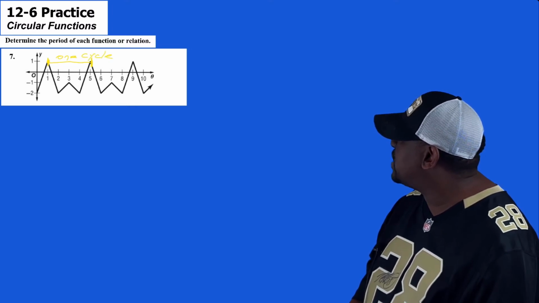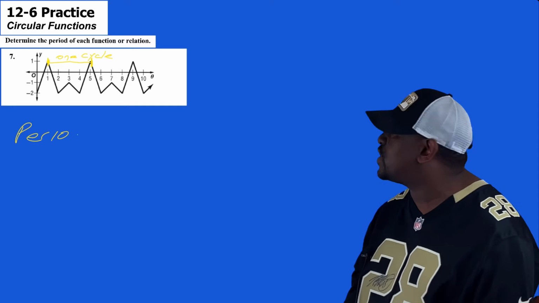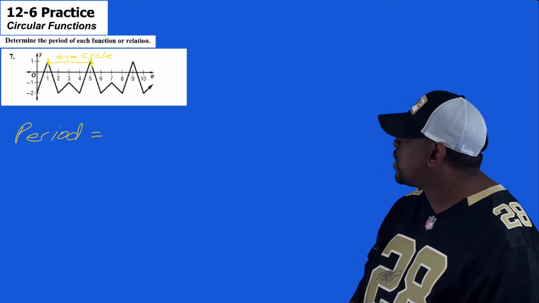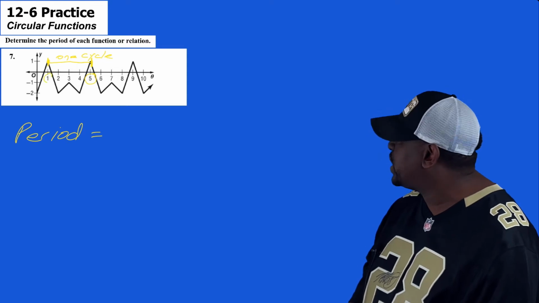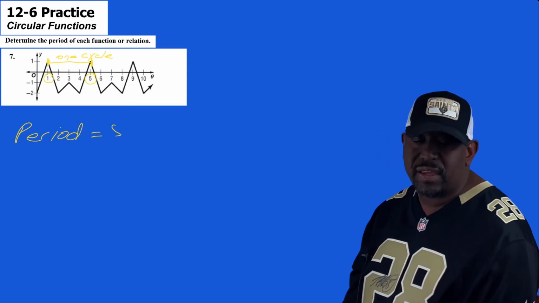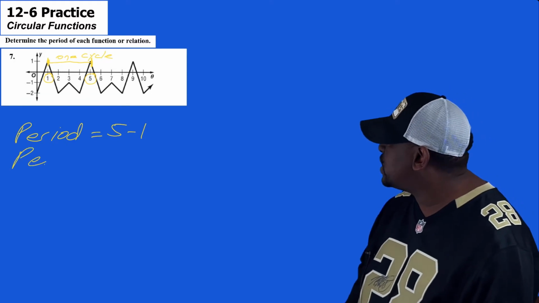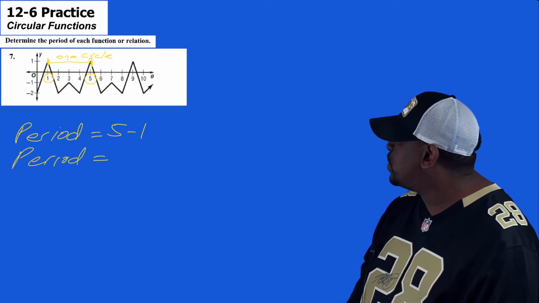One of them is at theta equals 1, and then it repeats again at 5. So one cycle is from 1 to 5. So our period will be the difference between 5 and 1. Since 5 minus 1 is 4, the period in this particular problem will be 4.